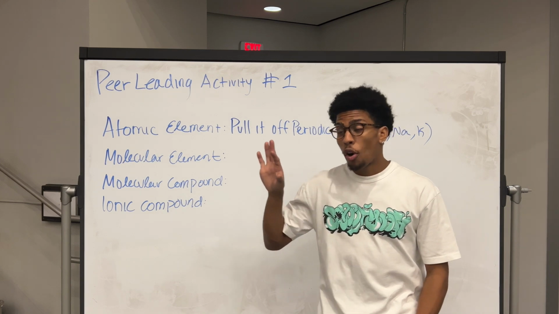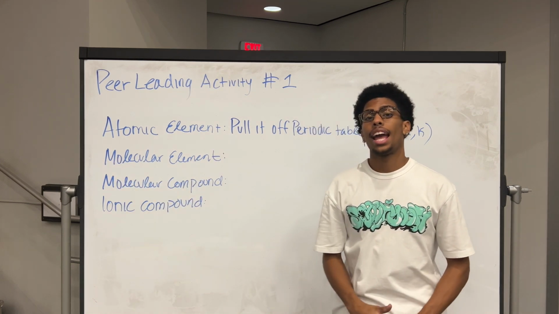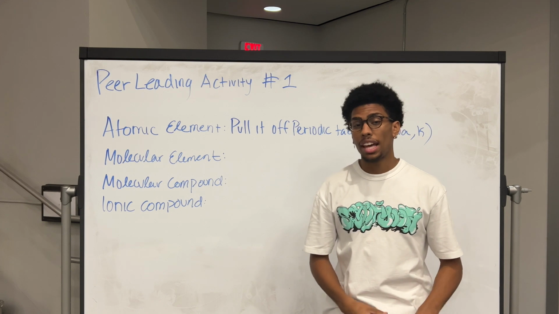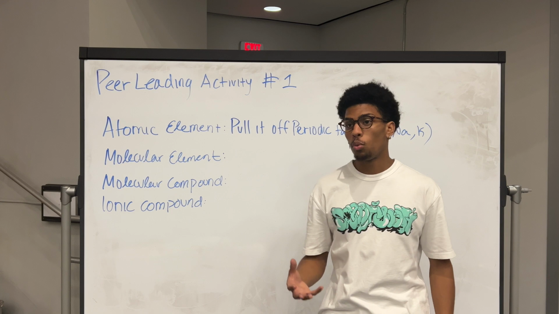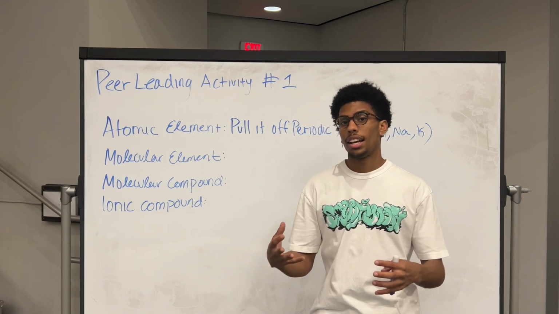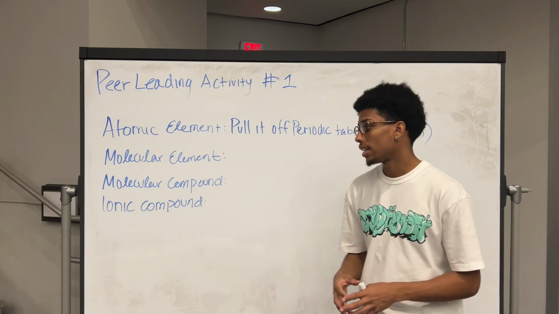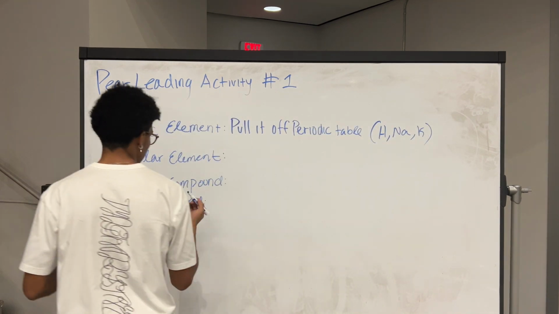Then everything to the far right is considered a non-metal. So we need a metal, which is usually plus charge, and a non-metal, which is negatively charged, and that forms ionic compound.